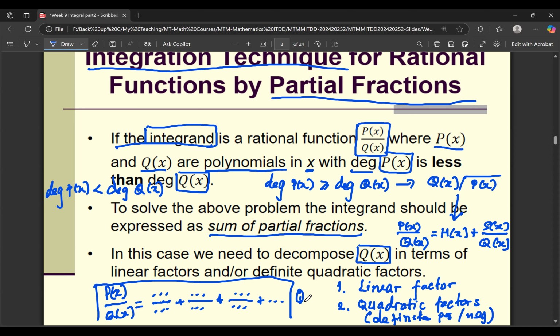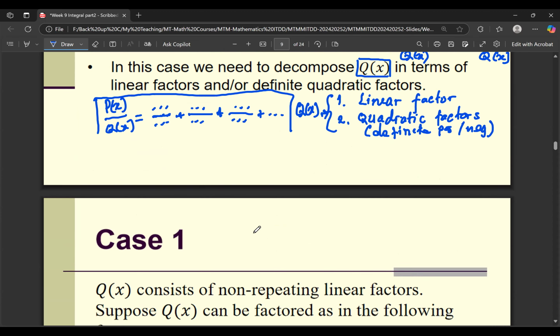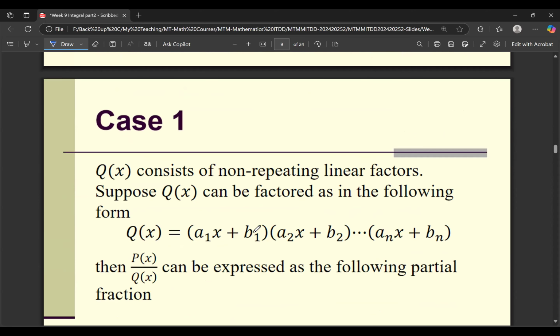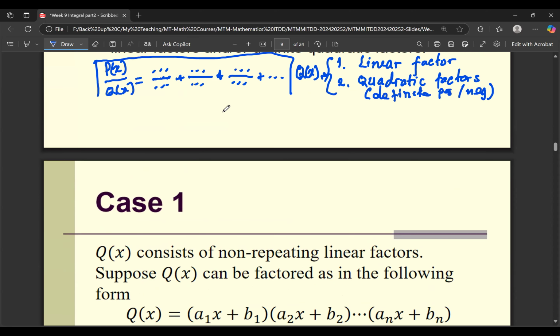So Q(x) must be decomposed into linear factors and quadratic factors. So we have four possibilities of the decomposition of Q(x).